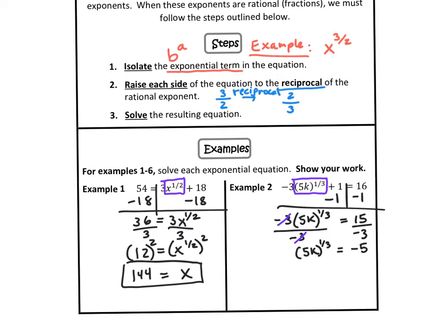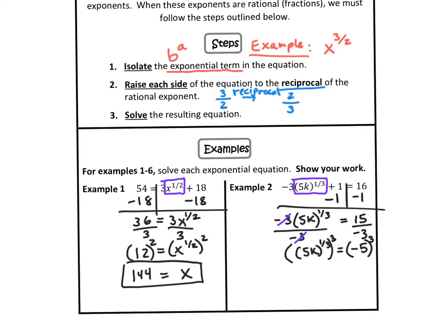Okay. Step 2. Raise both sides of the equation to the power of the reciprocal. So if 1/3 is the fraction, what's the reciprocal of 1/3? Flip 1/3 over, and you should say that it's the power of 3.